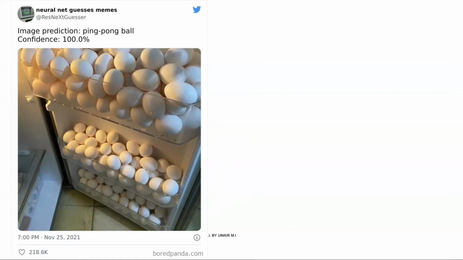You tested it using something similar to a ping pong ball, which was an egg, and the algorithm gave you 100% confidence, saying this is a ping pong ball. It's not a ping pong ball, but in a naive Bayes algorithm, this looks similar to a ping pong ball. And it was like, okay, since I've been trained on ping pong balls, I think this is also a ball.